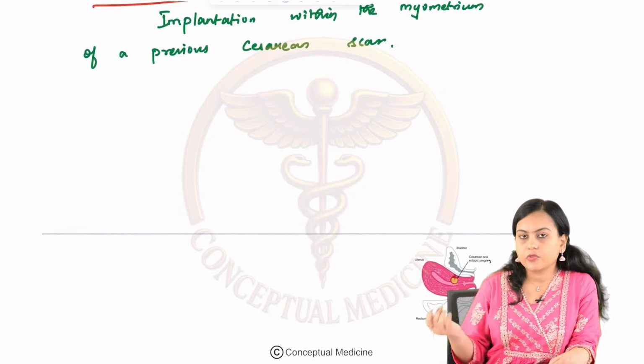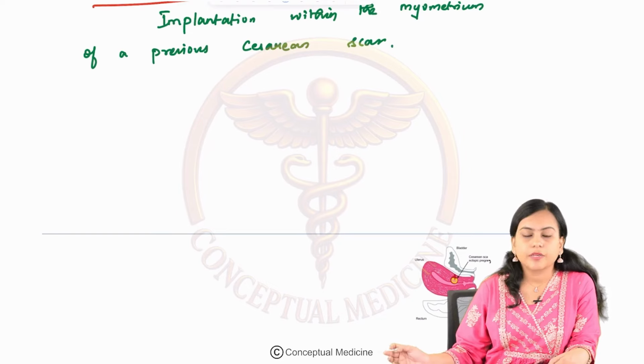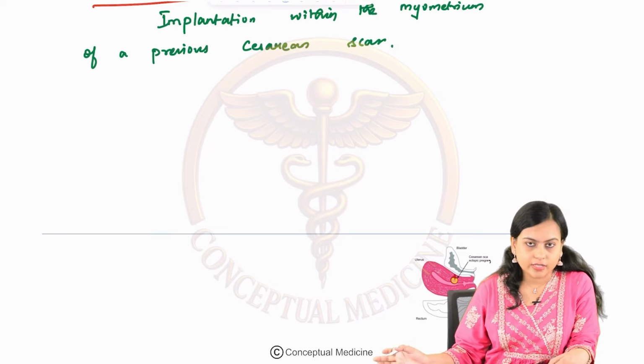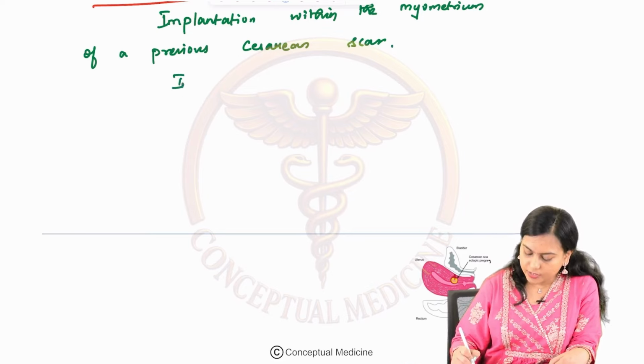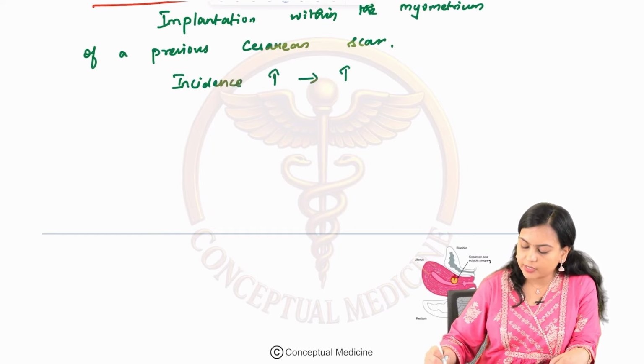It is one of the rarest pregnancies. Even then, because of the increased cesarean section rates now, the incidence of cesarean scar ectopic is also getting increased. So, incidence has increased nowadays due to increased rates of cesarean section.